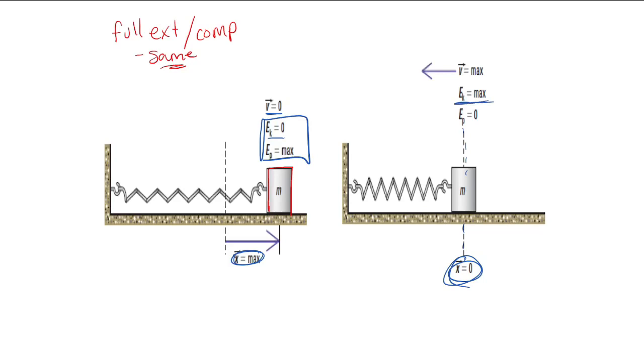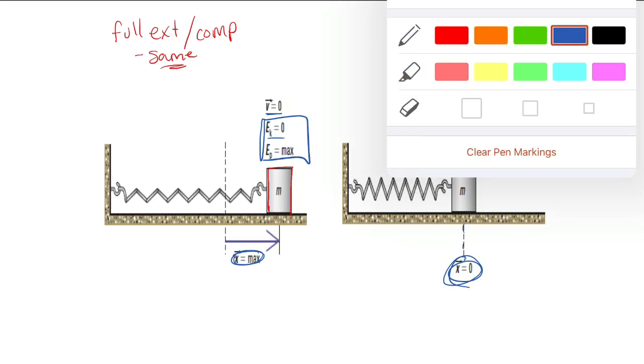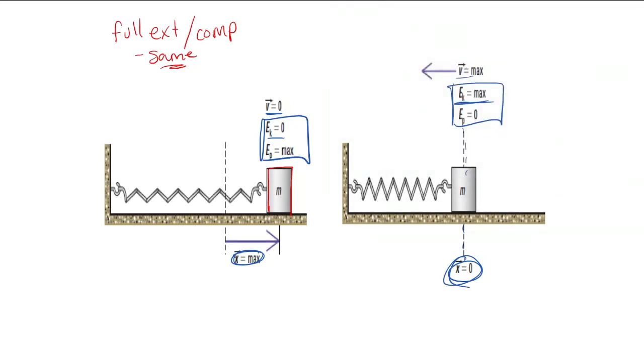It must have converted to kinetic energy. So I know here, potential energy is 0, kinetic energy is at its maximum, which means our velocity is at its maximum at the equilibrium. Whereas the previous position was full extension or compression, this is where it's at equilibrium.